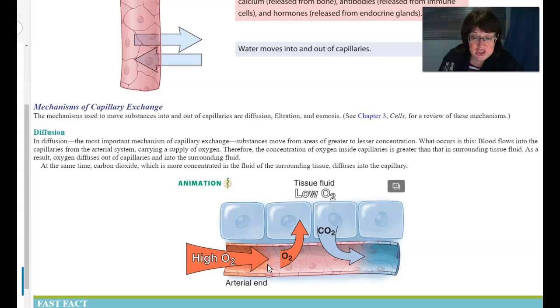So the oxygen will move by diffusion, by a concentration gradient, but truly because you're dealing with gases, you should be talking about partial pressure, which is just the fancy term for concentration gradient of gases. And then because you've got a large buildup of carbon dioxide in your tissue, by concentration gradient, the carbon dioxide will move out of your tissue and into your blood.